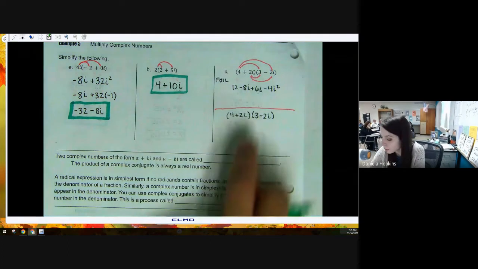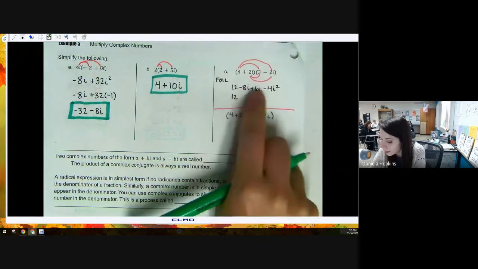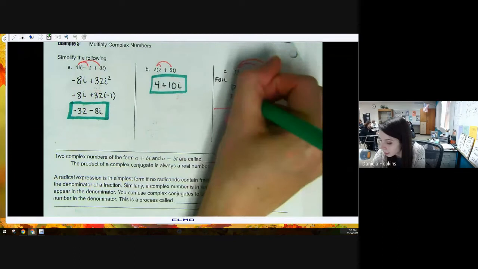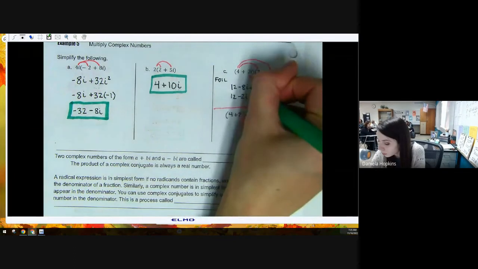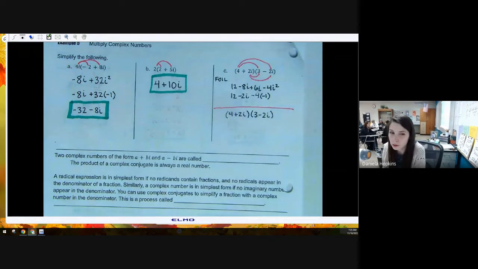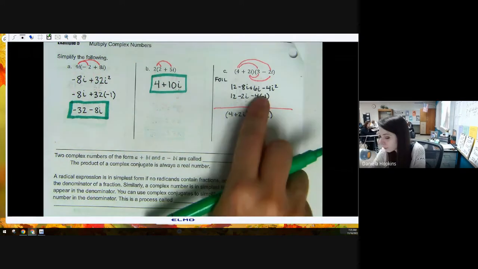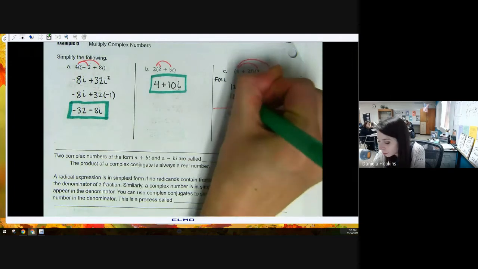So then you can combine your inside terms. So we have 12. Negative 8i plus 6i would be minus 2i. And then this is the same as minus 4 times negative 1. Which, what's negative 4 times negative 1? Positive 4. So if this was a positive 4 plus 12, you end up with 16 minus 2i.